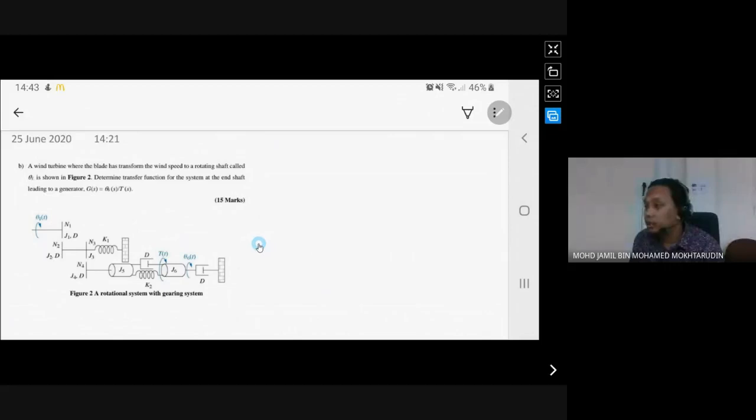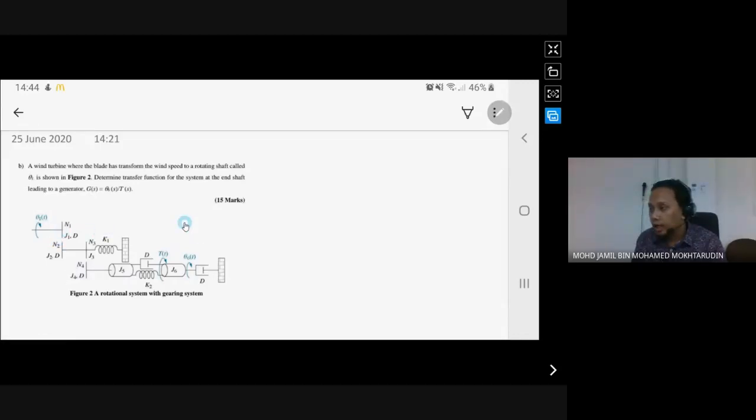Determine the transfer function for the system at the end shaft leading to a generator, G(s) equals theta 6 over T. So the question wants you to find theta 6 over T. And since this has gears, you need to transfer the impedance to this section because T and theta 6 are on this section. So you must transfer all of this, the impedance from these gears to this section.